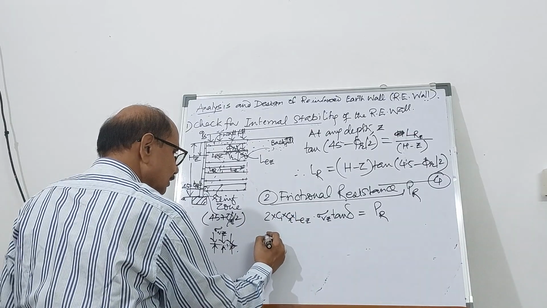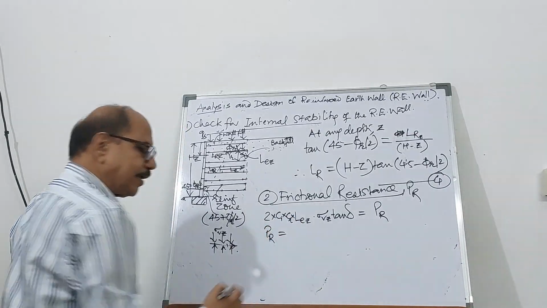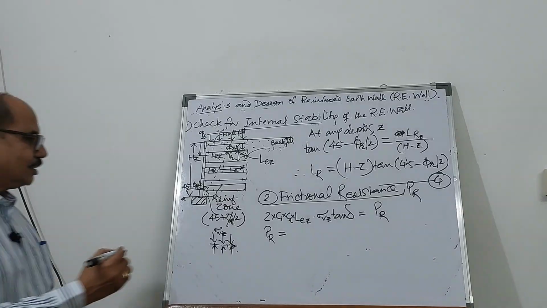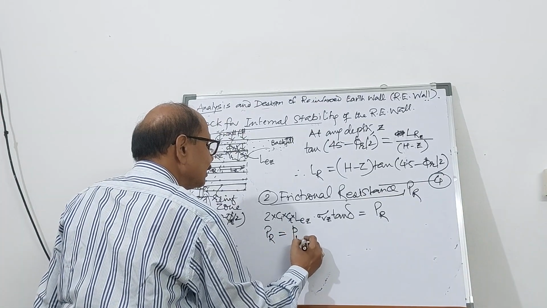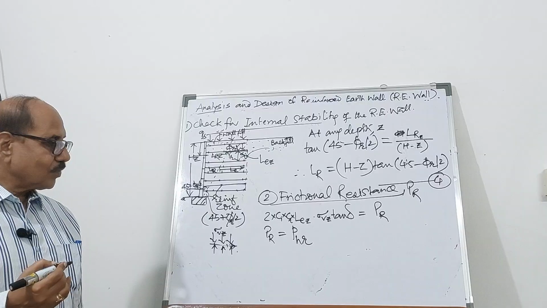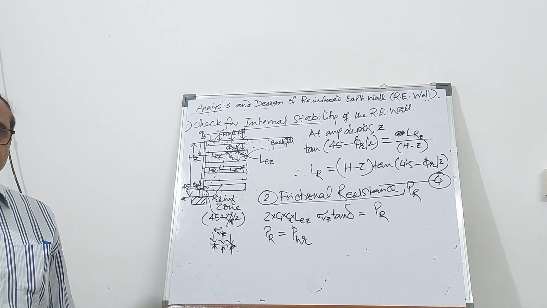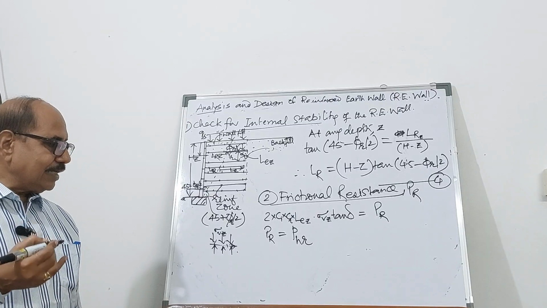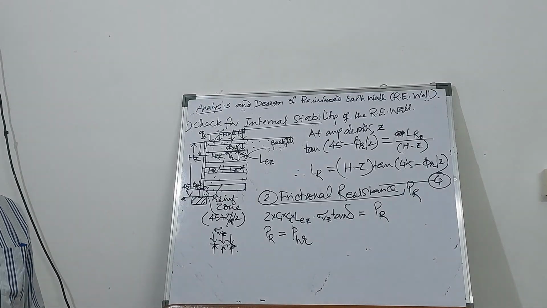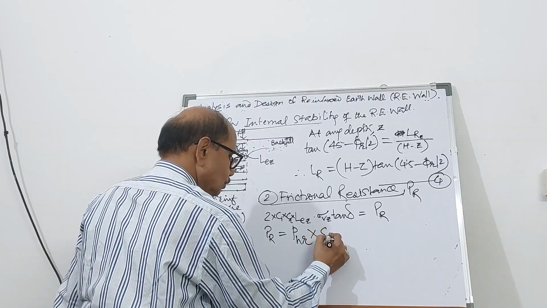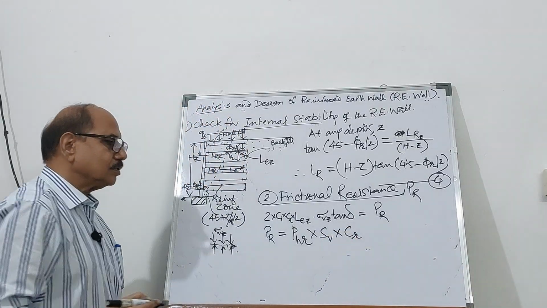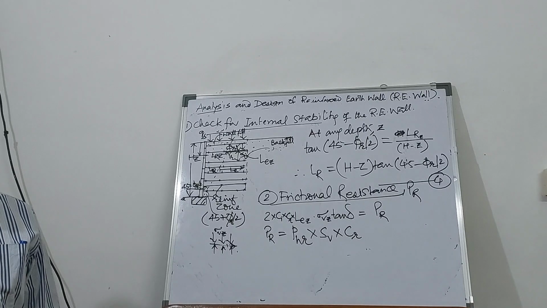And this pull-out resistance, PR, must be equal to the horizontal force that is getting developed in the reinforcing zone due to overburden as well as due to surcharge, multiplied by SV, multiplied by this CR, coverage ratio.